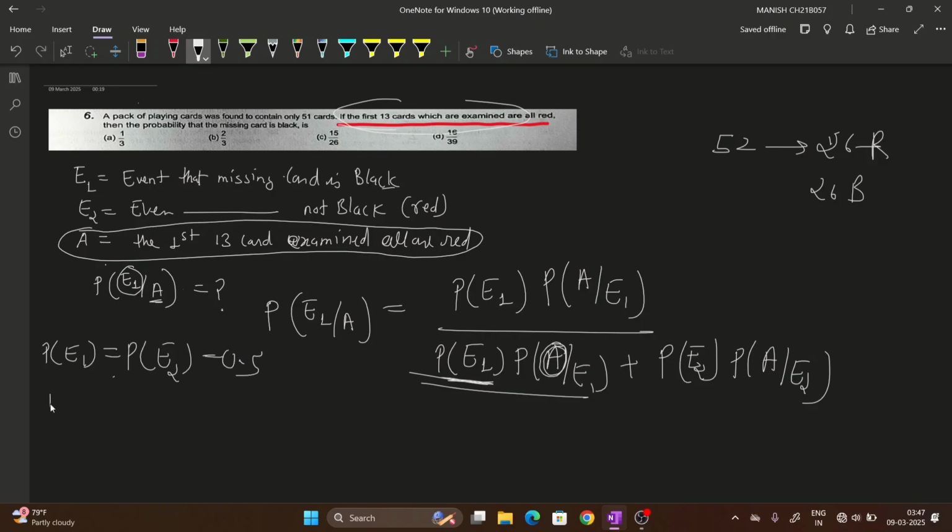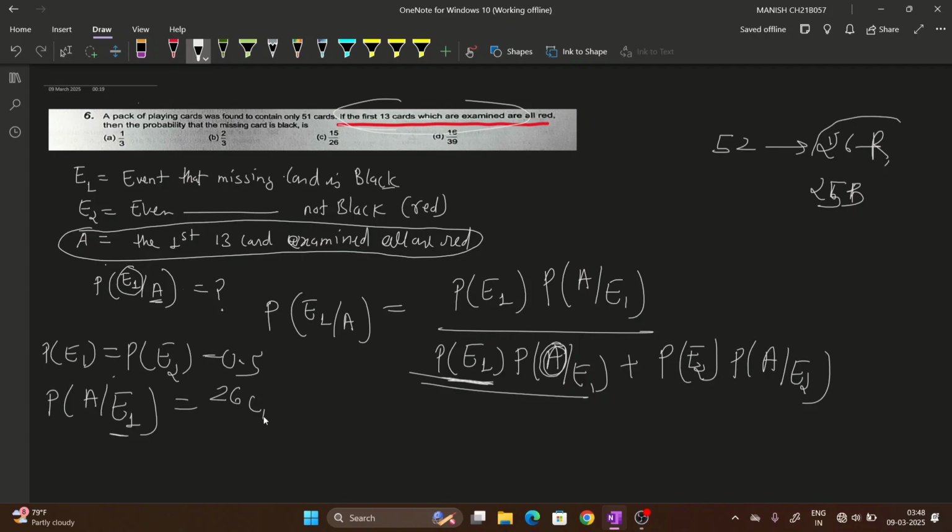Now P(A given E1), it means the missing card is black. Now the probability of examining 13 red cards: the number of red cards will be 26 and the number of black cards will be 25, right? So we have to examine 13 cards out of 26.